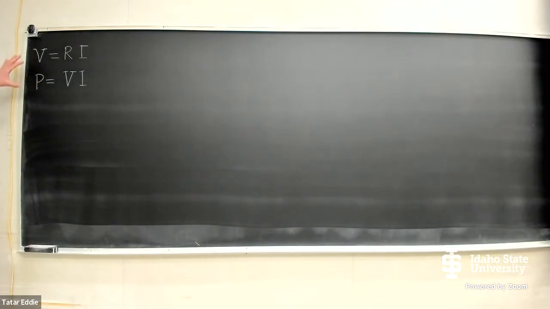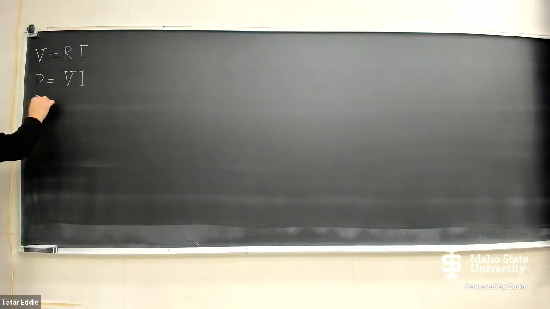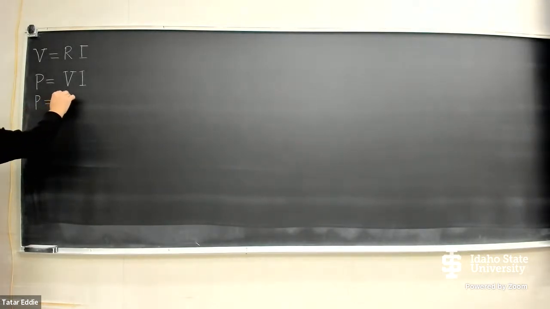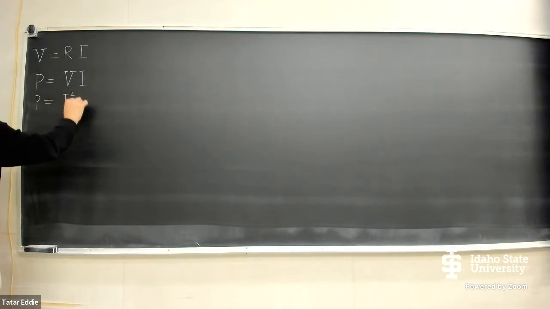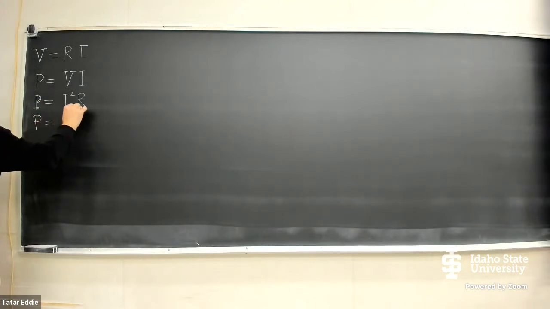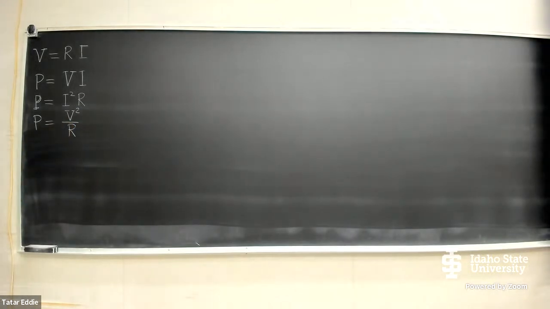And after that, we took this, and together with Ohm's law, we found two alternative expressions for the power dissipated in a resistor. So it can be calculated as the current squared multiplied by the resistance, or it can be calculated as voltage squared divided by the resistance. And we are using those three formulas because in different cases, only one of those formulas may work.